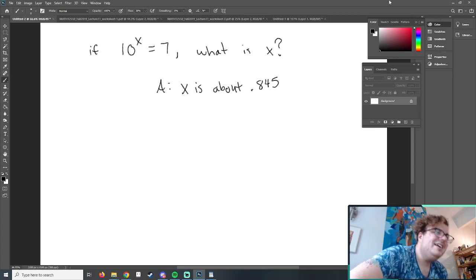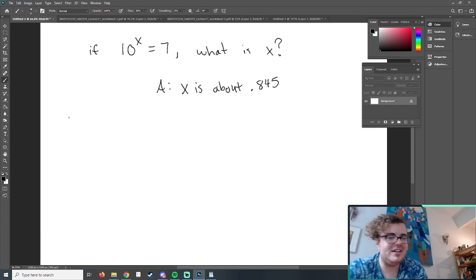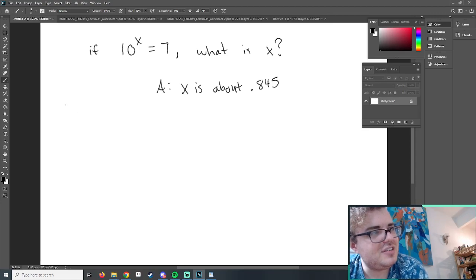But in general, what we have here is basically, mathematicians defined a formula.